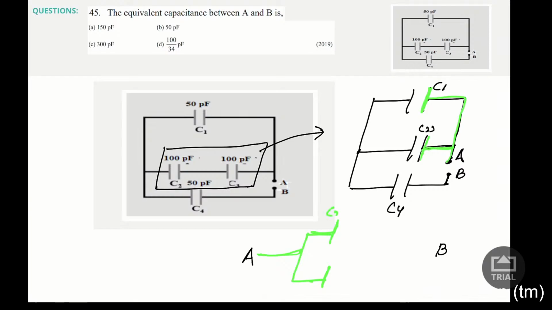This is for C23. This is for C1. Now from B part, one is going to C4. Okay. And from C23, one part is getting connected with the C4 other part. Just put it with a different color.